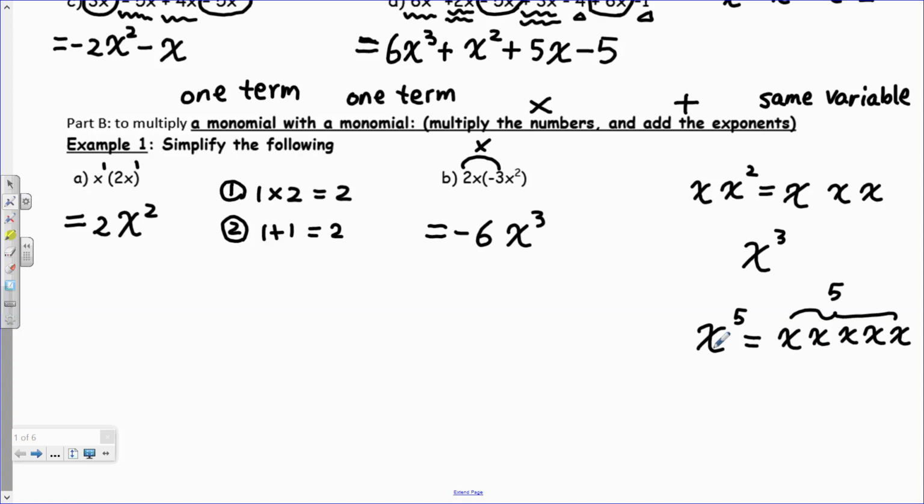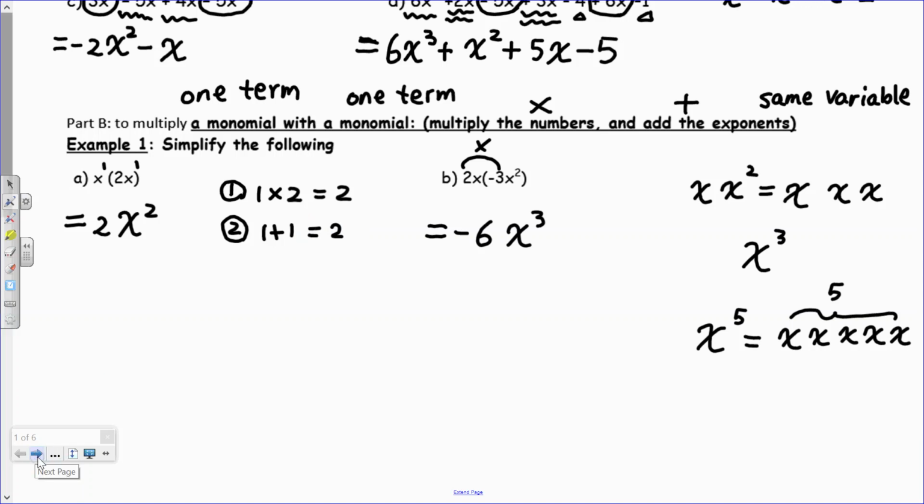Now pause this video, cover the answers, and redo this question. It is one term times one term, and you have two operations: multiply the numbers, and add the degrees for the same variable.